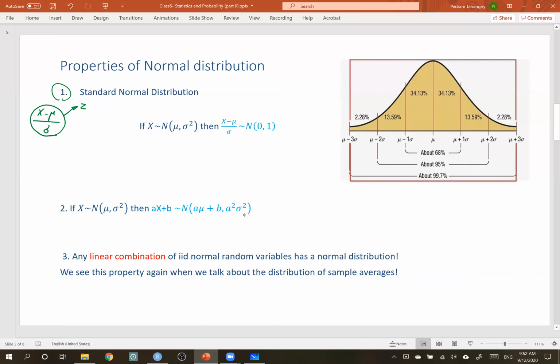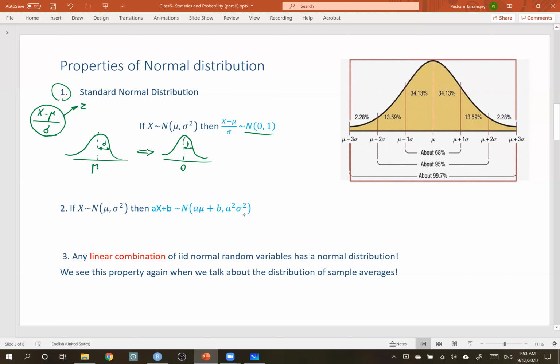This Z is going to be normally distributed with average 0 and standard deviation 1. This is nothing new. We've seen this before already, right? Basically, if this is your random variable with mu here and standard deviation sigma, then the Z-transformed version of that is going to be a random variable with the average of 0 and standard deviation 1.